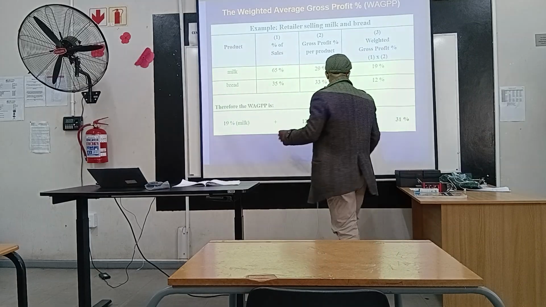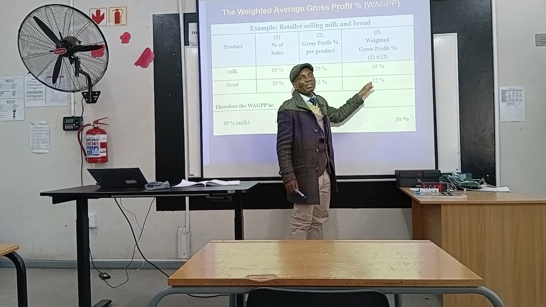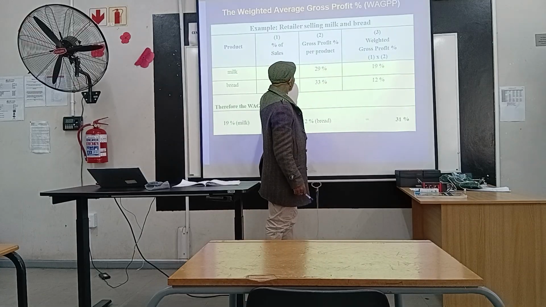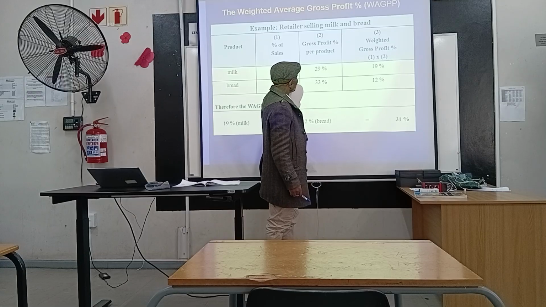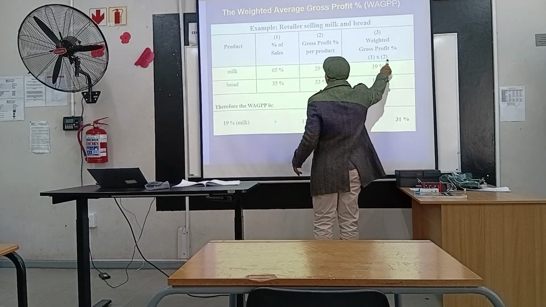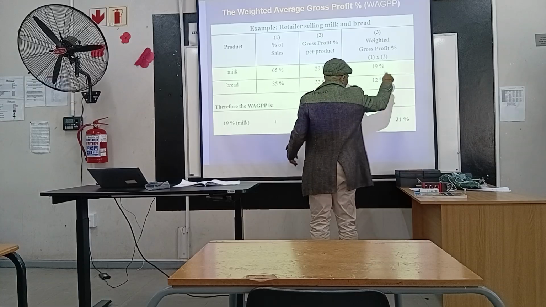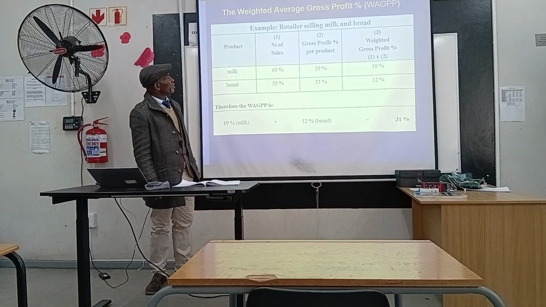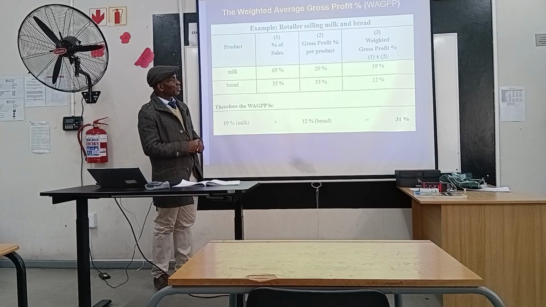So what you need to preoccupy yourself with is the calculation here, which is easy and straightforward. You say 65% over 100, times this, then you get, you see how it is done. 1 times 2, 1 times 2, then you get this. Then you add, and you get the weighted average gross profit percentage.